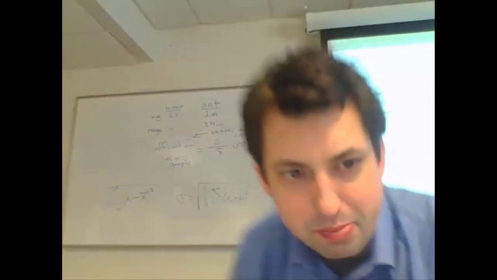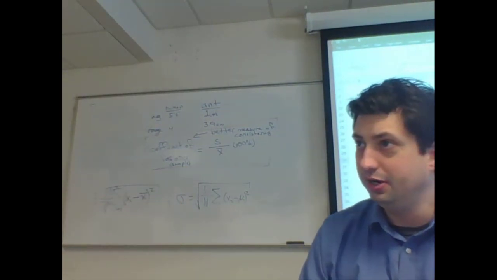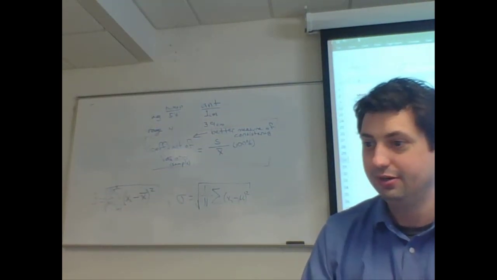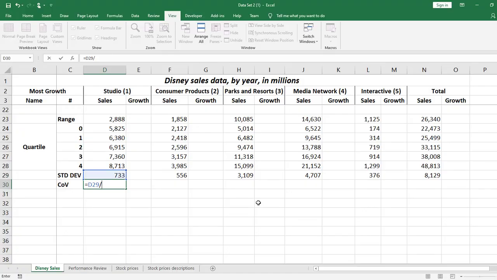Oh, I forgot to put the mean in. Well, that's okay. You know what to do, right? So help me out. What should I do? Well, we already have equal. I put in standard deviation as the numerator.